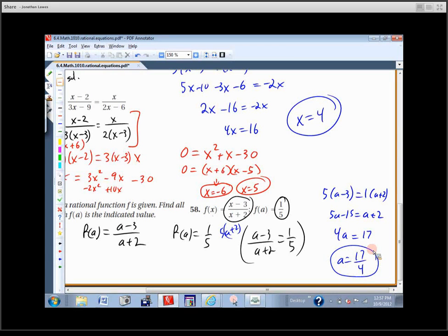And if so, how do you know it will work if you plug it in? What's the only thing that wouldn't work? The only answer we could get that, when we plug it in, would make this undefined, so there's no way it could work, would be -2. That's where we've got a domain issue with this one. Okay. Any questions? Okay, so let's put this in perspective here.